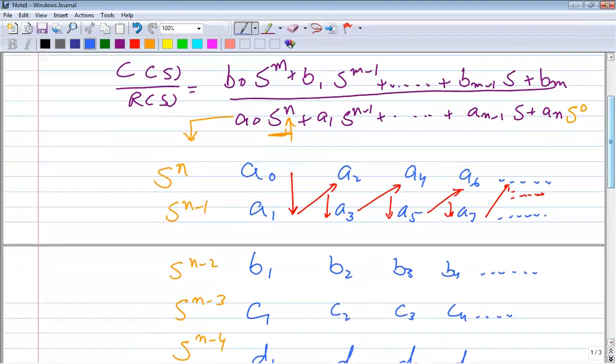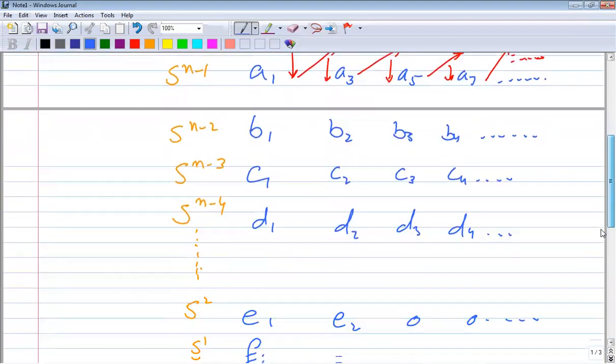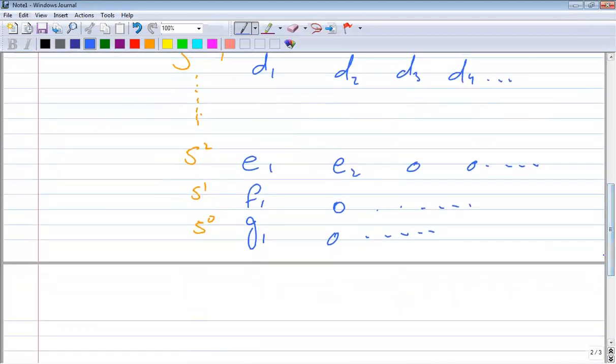So initially I have the coefficients in the denominator, which tell the information about the characteristic of my system. I placed them in zigzag position, and then I have variables b, c, d, and then e, f. The last two are a very special case, in that these two are single coefficients, right?